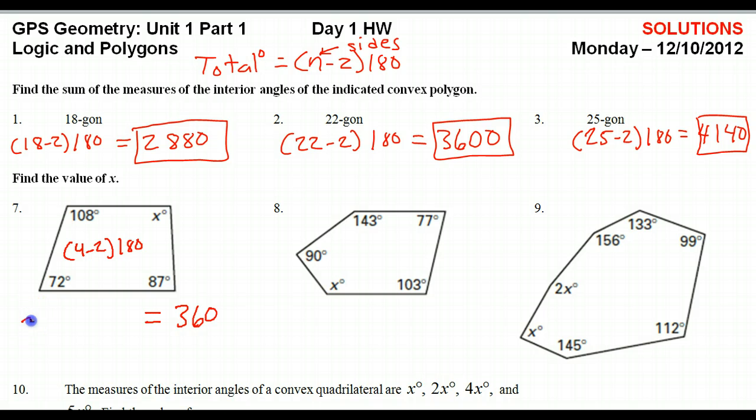Combining these like terms, I've got x, there's nothing for x to go with, but 108 plus 72 plus 87, that is 267. So x plus 267 must equal 360. Subtracting 267 from both sides should allow me to find out what x is. x is 93.